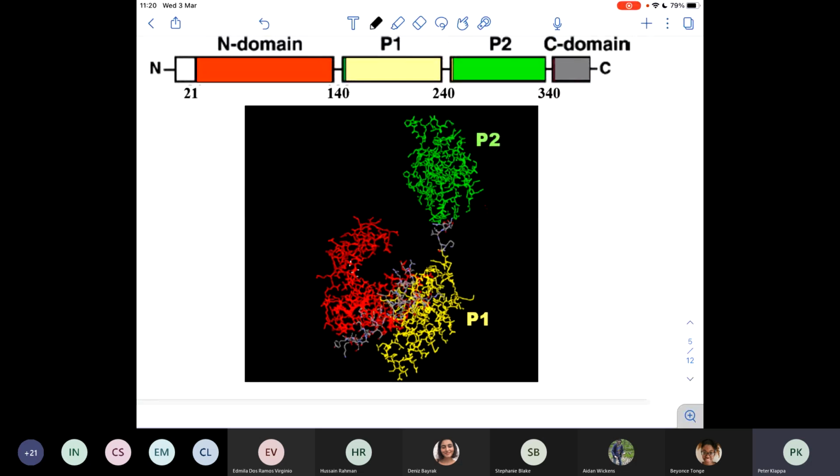So here, luckily, we had a model for this protein called SIR-A. SIR-A is a protein that is essential for E. coli to survive stationary phase.